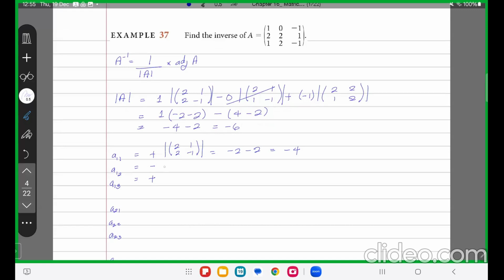Second row, first element, first row, second element. So we're ignoring the first row and second column. So this is 2, 1, 1, minus 1. Negative sign convention. So this is minus 2, minus 1.